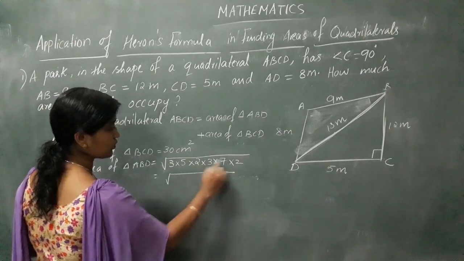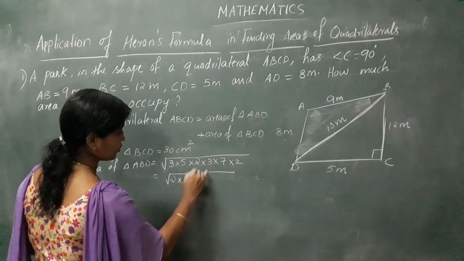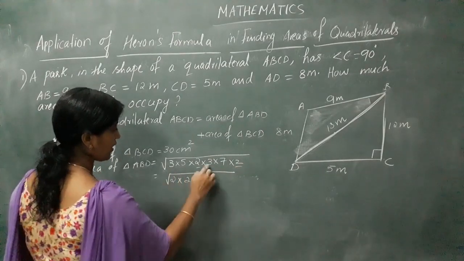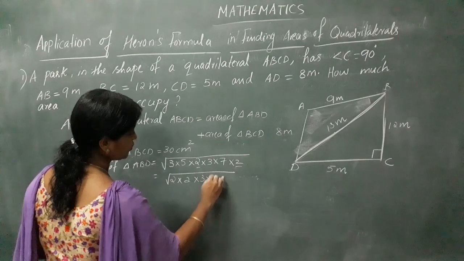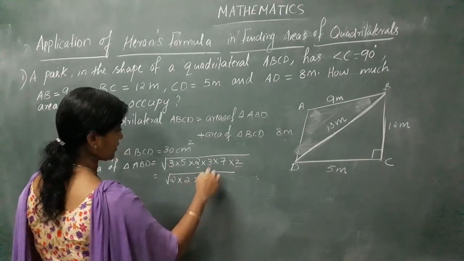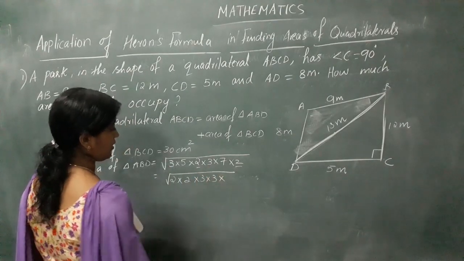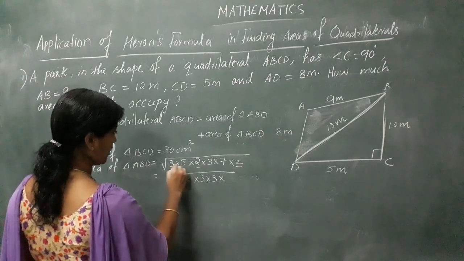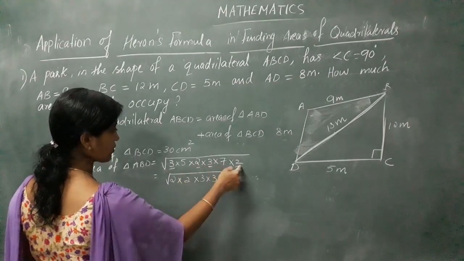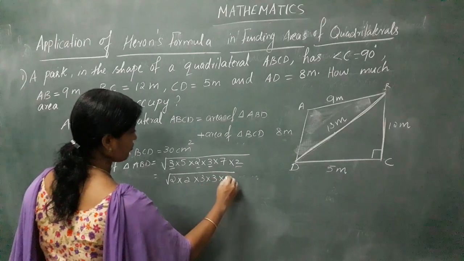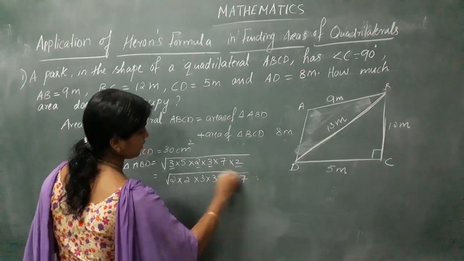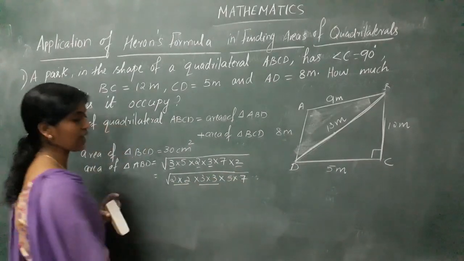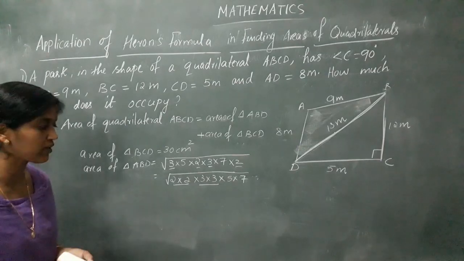So I get 2, then 1 more 2 I have. So this 2 I have taken. Again 3. We have 3, and the next 3. So 3 I have taken, 2 also. Then what is there? 5 into 7. So 2 has a pair, 3 also has a pair, but 5 and 7 do not have any pair.